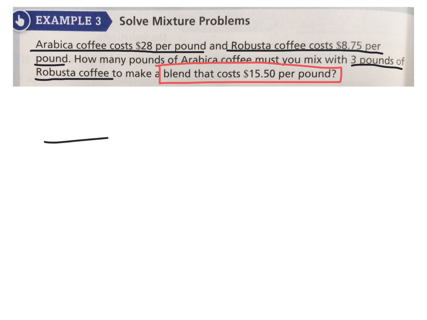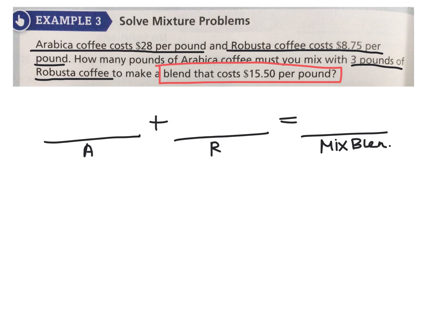Now we're going to set up our equation. We've got a mixture of the Arabica coffee, the Robusta coffee, and then a mixture or blend. The Arabica coffee costs $28 per pound. I don't know how much I'm getting, so I know the cost but not the amount. Let's call this volume and cost.